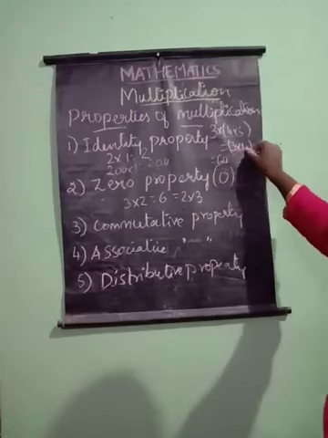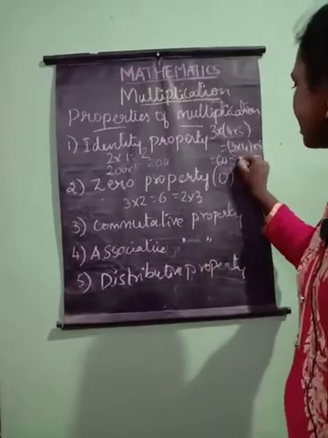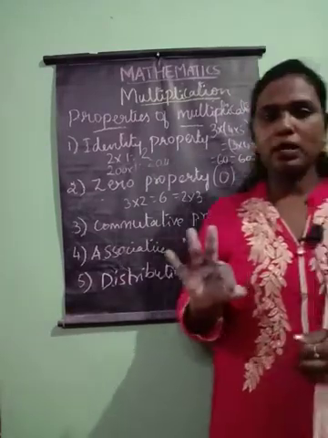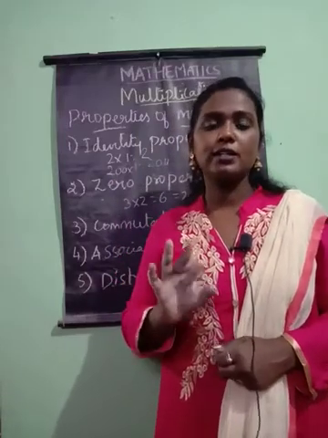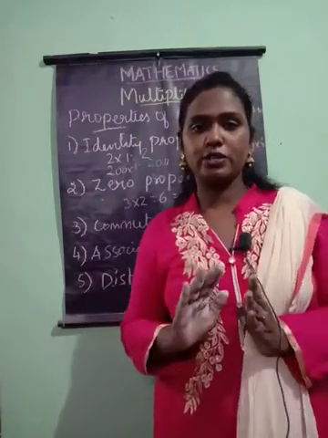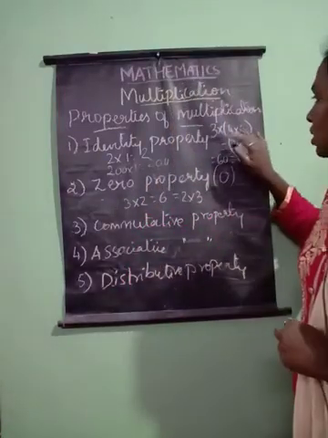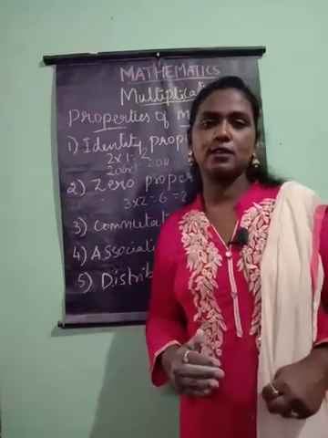Again here, 3 4s are 12, 12 into 5 is 60. So here there are 3 numbers. If you regroup the 3 numbers, the value does not change. The answer will be constant. This is what the associative property explains to us.